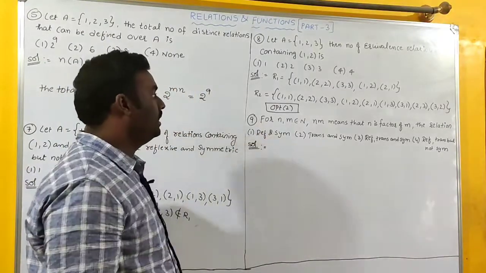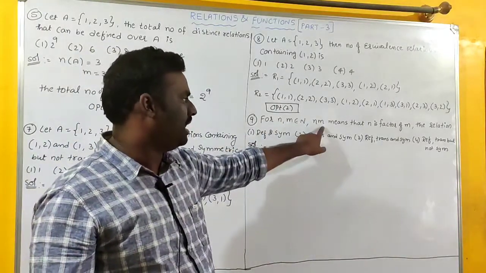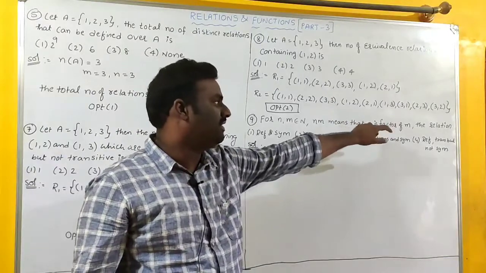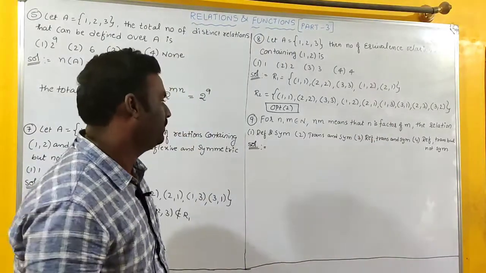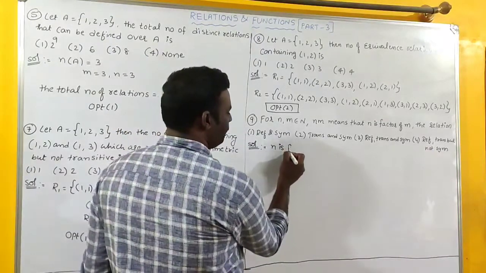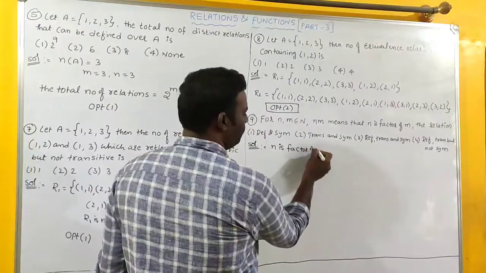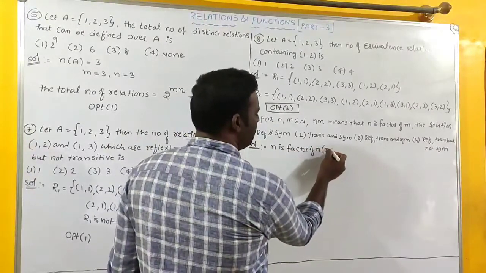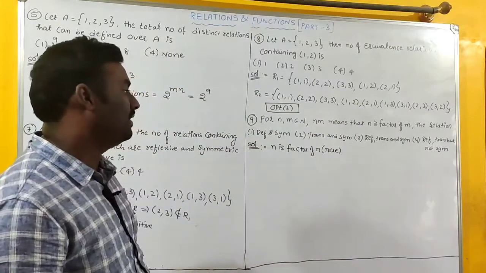If n, m are natural numbers, what is the meaning of n R m? n is a factor of m. Therefore, the relation is what? First, n is a factor of n.